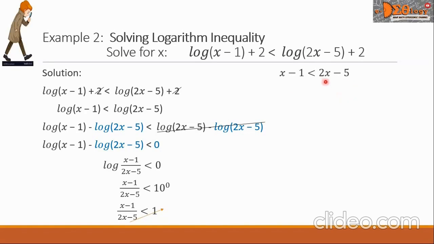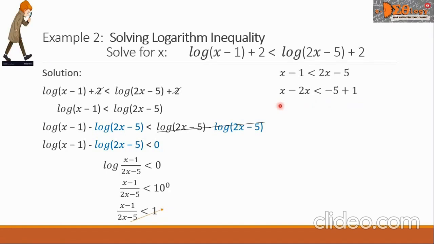So this 2x here, we will transpose on the left side. From positive, it becomes negative. And this negative 1, we will transpose also on the right side. From negative 1, it becomes positive 1. So we have now here x minus 2x is less than negative 5 plus 1.